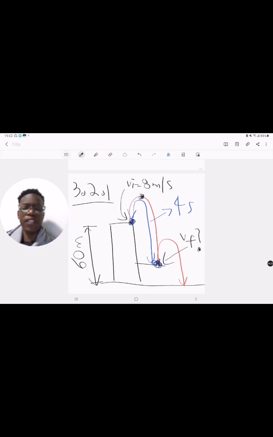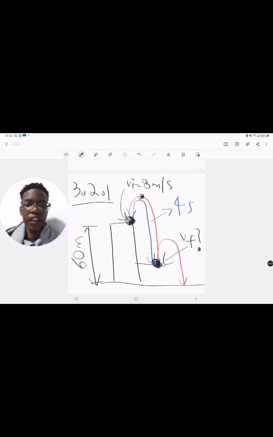Now, why am I calling this the final velocity? Because you are looking at the object from the moment that it starts moving to the moment that it strikes the balcony. The question will dictate what the final velocity is, right? If they had asked us for the velocity at a different point, the velocity at that point would be the final velocity.